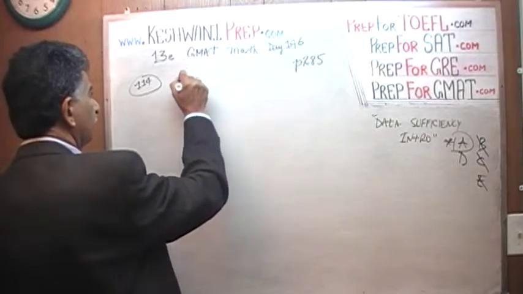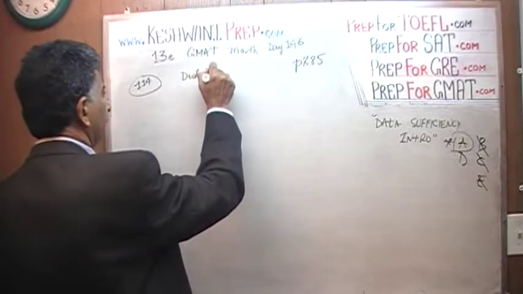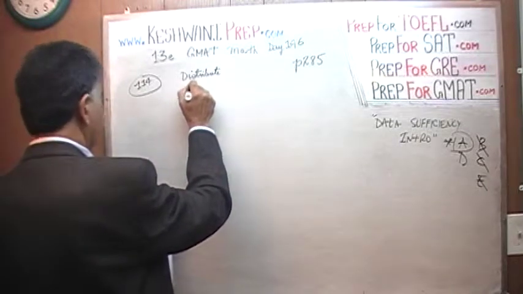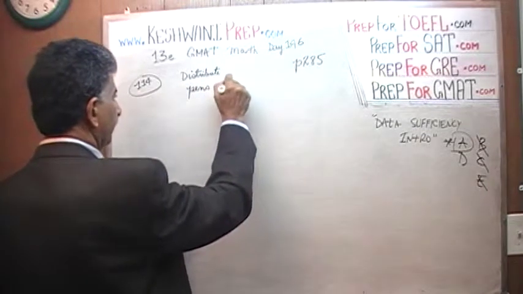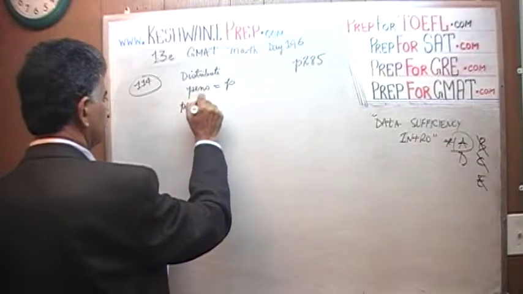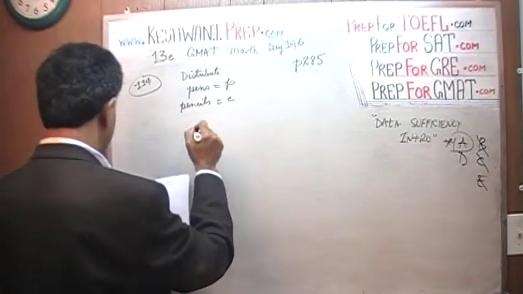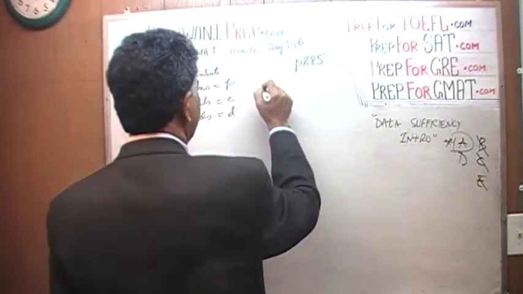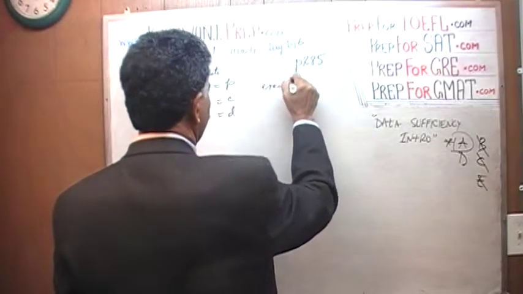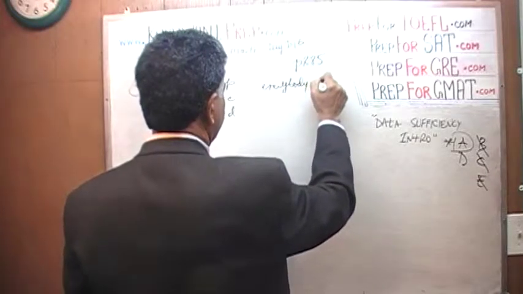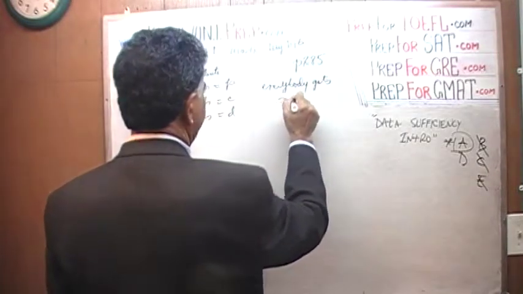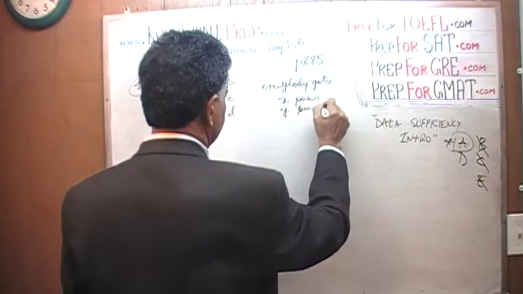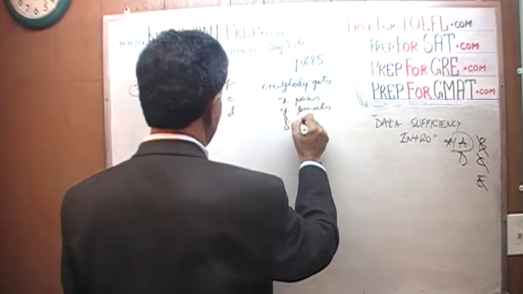He's going to distribute pens, let's call it letter P, pencils, let's call it C for pencils, and pads, let's call it letter D. And everybody gets X pens, Y pencils, and Z pads.